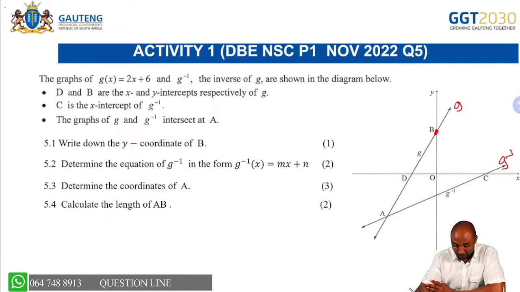It says D and B are the x and the y intercepts of g respectively. C is the x-intercept of g inverse.